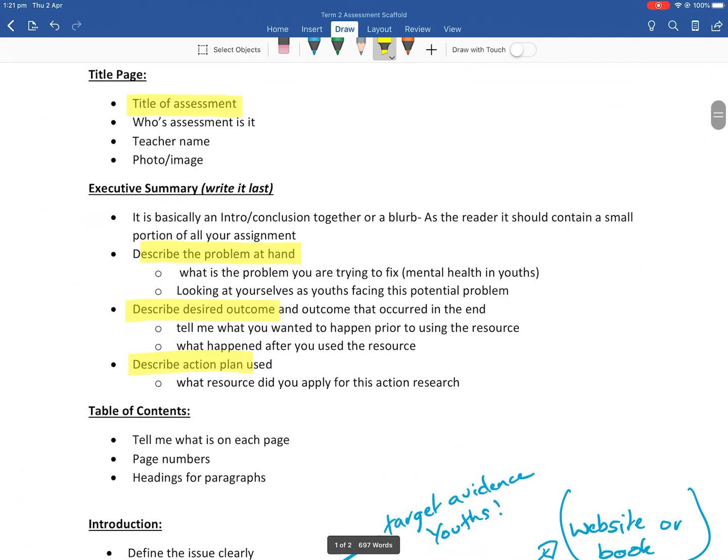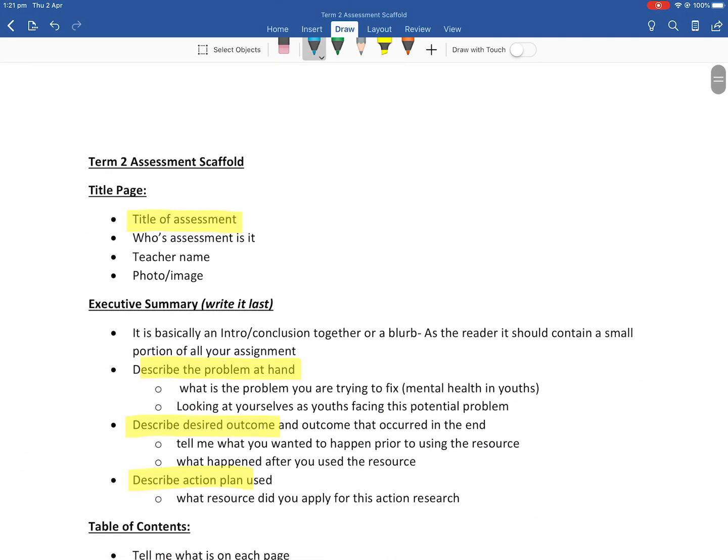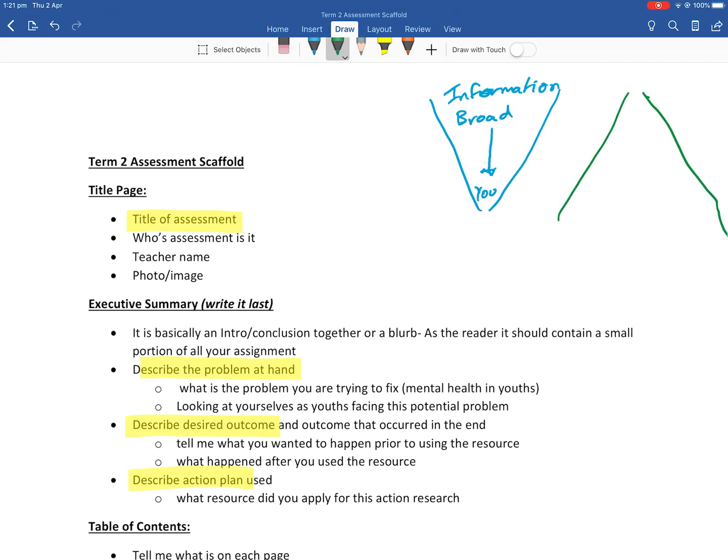Alright, so the introduction is small. When we do this report, ideally you want your report to look like a funnel. In terms of information, it needs to be broad to start with, and then as we travel down the funnel, it gets smaller and smaller until we end up speaking about you. That's how we want the report flow to happen.